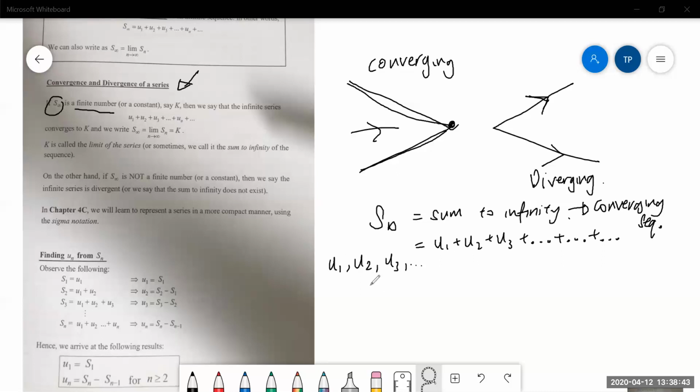One good example would be 1, half, 1/4, 1/8, 1/16, 1/32, so on and so forth. We can see a pattern here, which is consecutively multiplying by half. We can see that the numbers get smaller and smaller.